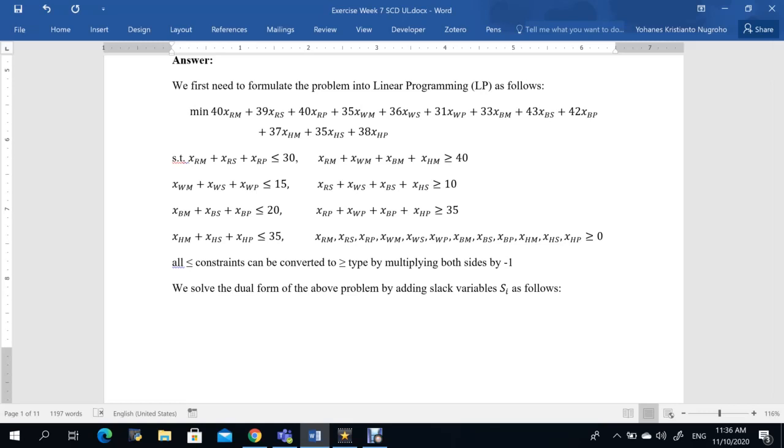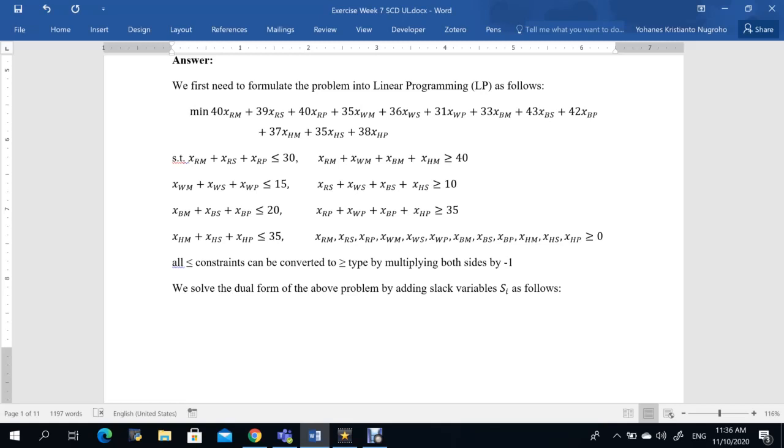And because the requirement is that we need to solve this by using the simplex method, we need to convert this minimization into a maximization problem. Therefore, all less than or equal to constraints can be converted into greater than or equal to type by multiplying both sides by -1, right?